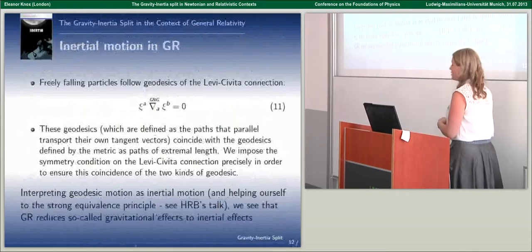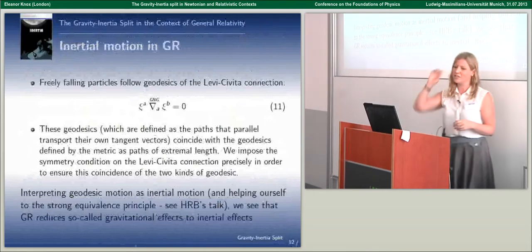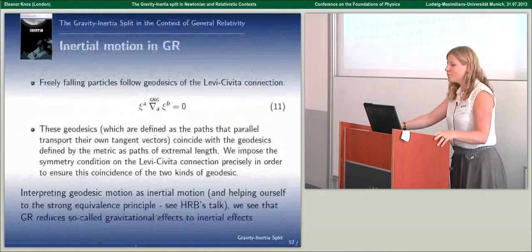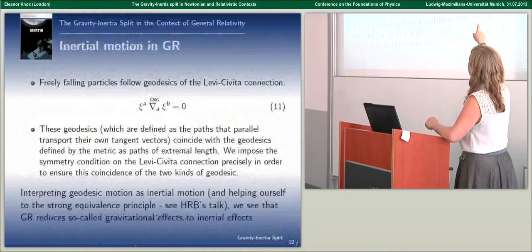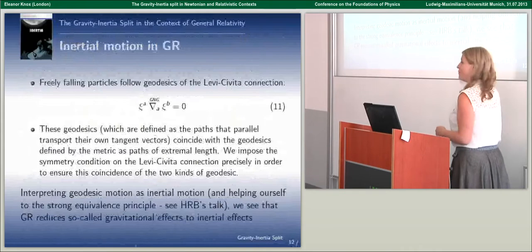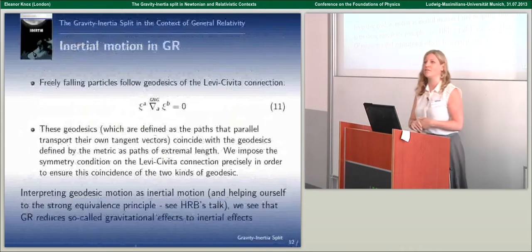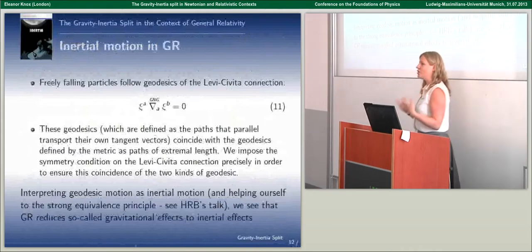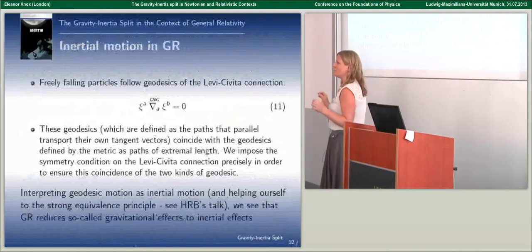And then, of course, much like we did in geometrized Newtonian gravitation, we have our geodesic equation. And significantly, those geodesics, as defined by that geodesic equation, as the paths that parallel transport their own tangent vectors, coincide with the geodesics of the metric, defined as paths of extremal length.